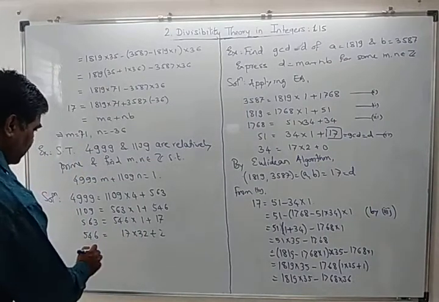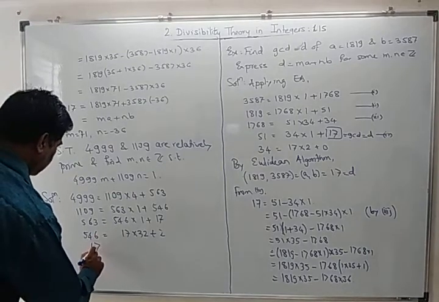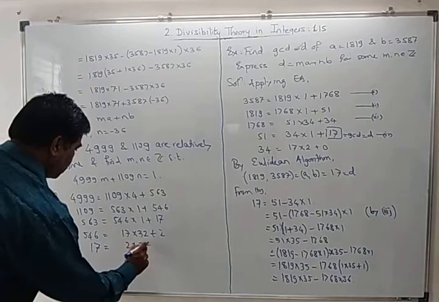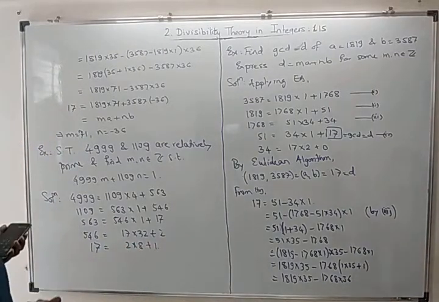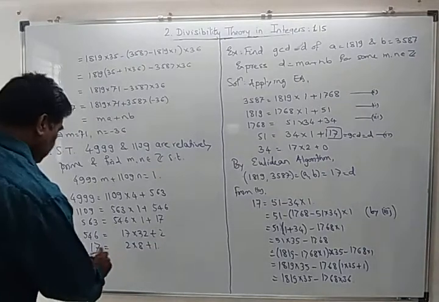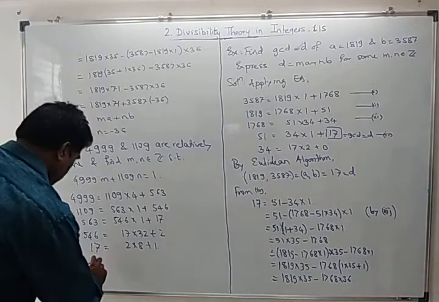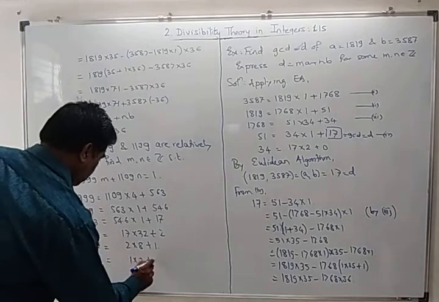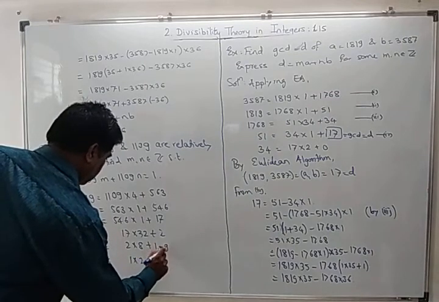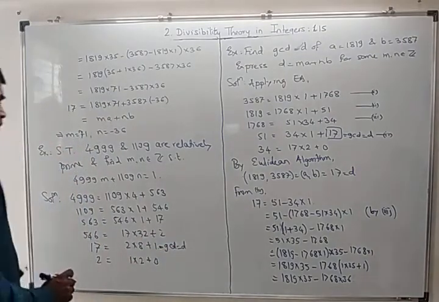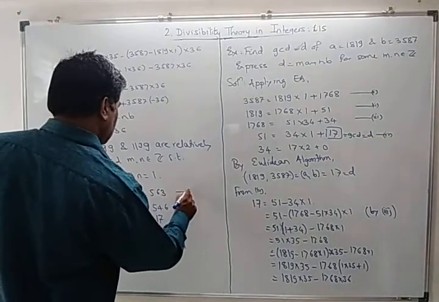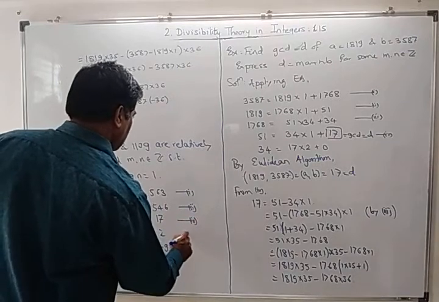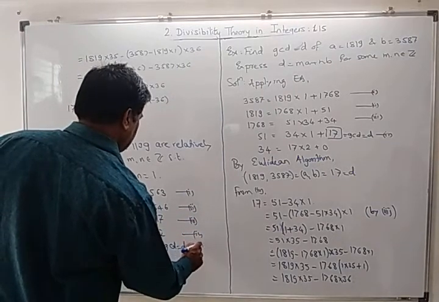Then we'll divide the previous remainder 17 by 2, into 8 plus 1, we are getting this. And then the previous remainder 2 is equal to 1 into 2 plus 0. So this is your GCD D. So we'll number these 1, 2, 3, 4 and 5.